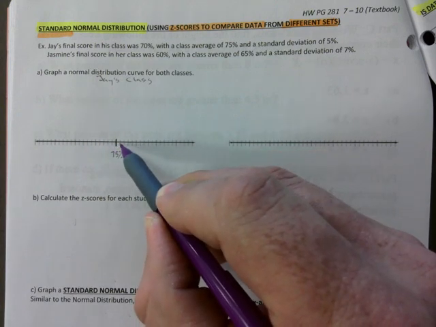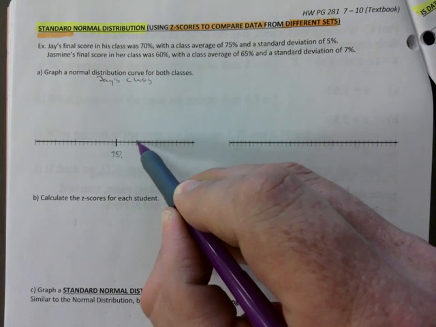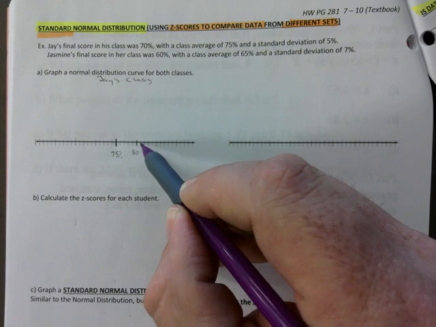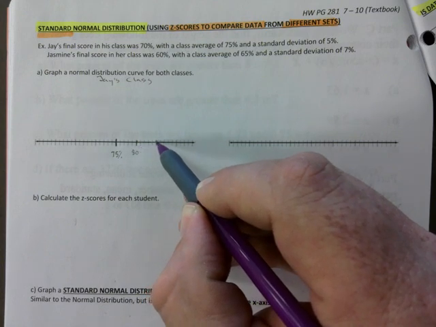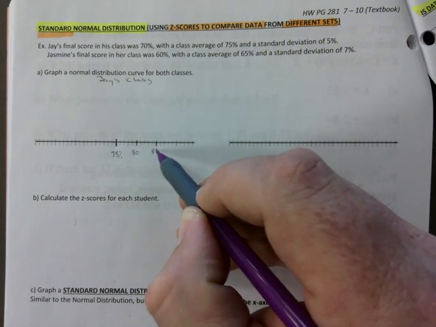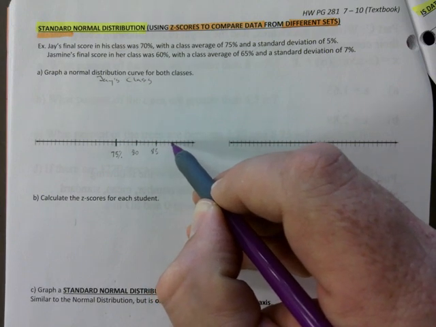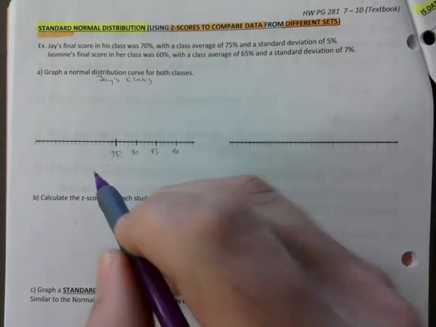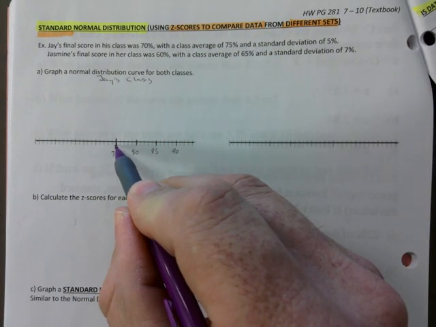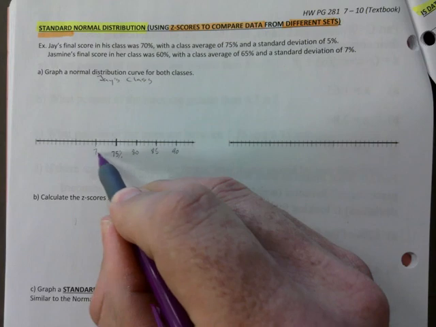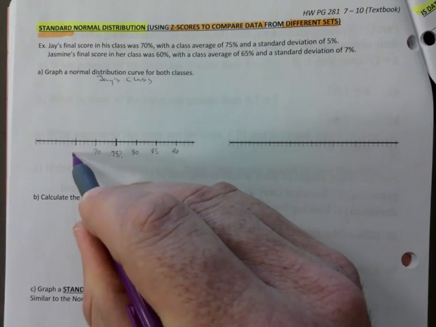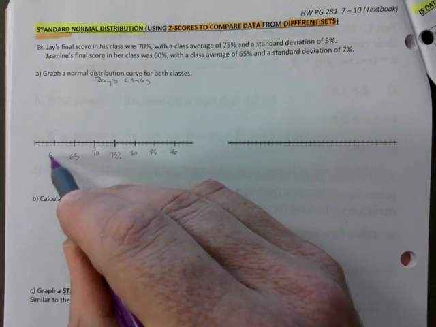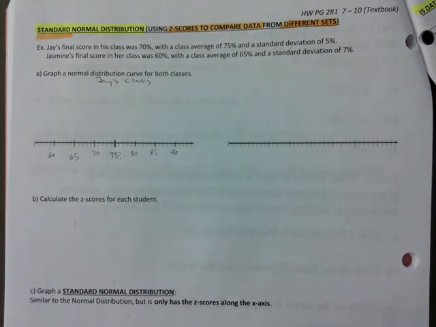So I'm going to count 5. 1, 2, 3, 4, 5. That's 80. That's one standard deviation. And another 5, that's 85. And another 5, that's 90. That's good enough. Then I go back 5% going this way. This is 70. Going back, that's 65. Going back another 5, that's 60. So this is actually drawn to scale.